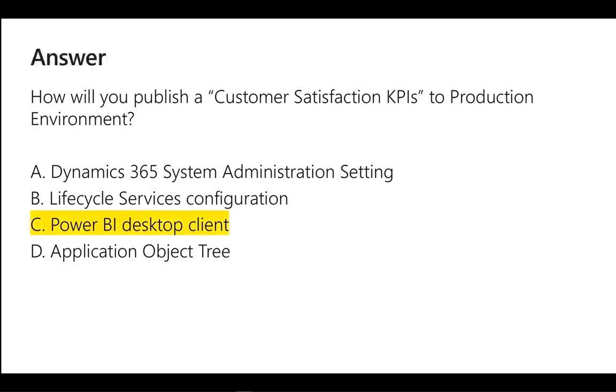The correct answer is C, Power BI Desktop client. Because Power BI Desktop client is the authoring tool with which we can extend and publish KPIs, we can only use the Power BI desktop client to publish a new customer satisfaction KPI to our production environment.